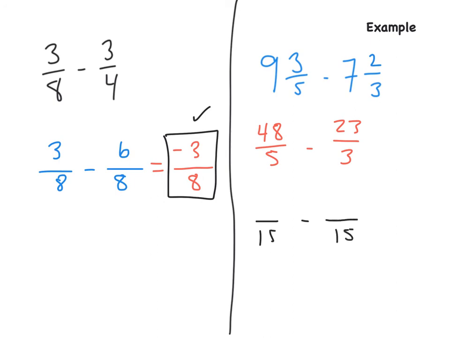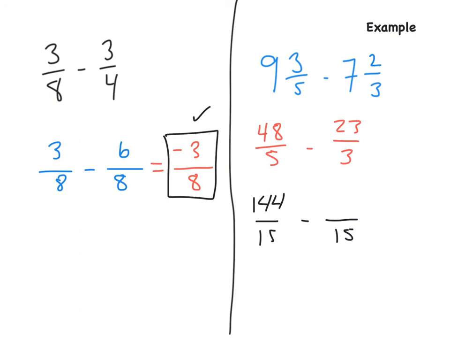So how many times does 5 go into 15? 5 times 3 is 15. So if we multiply by 3 in the denominator, we must multiply by 3 in the numerator. So 48 times 3 is equal to 144. So if we move to the second one, how many times does 3 go into 15? 3 times 5 is equal to 15.